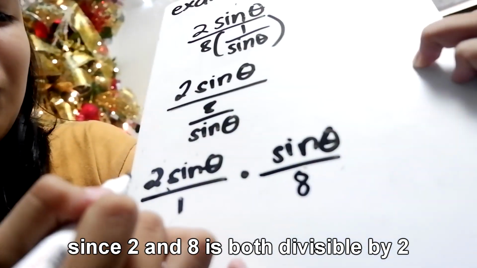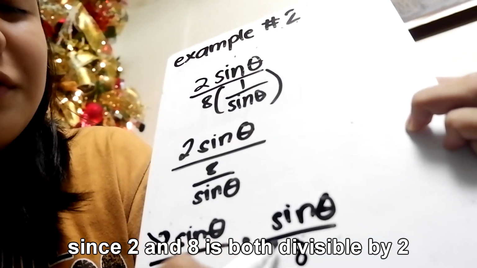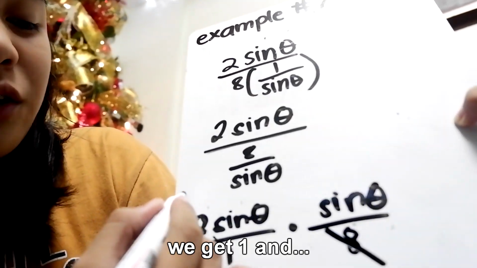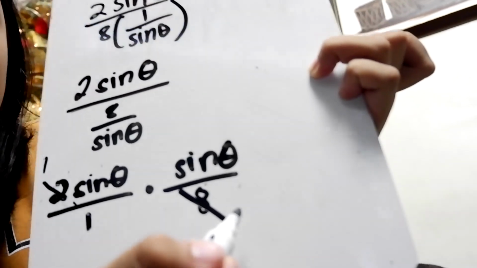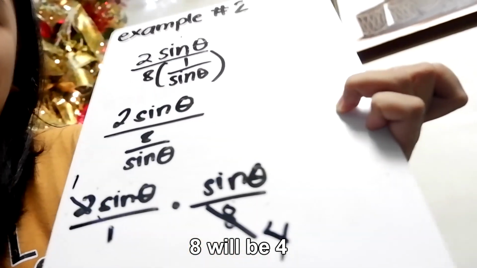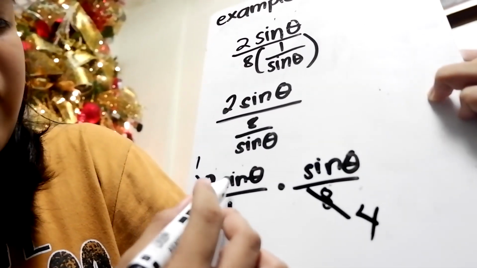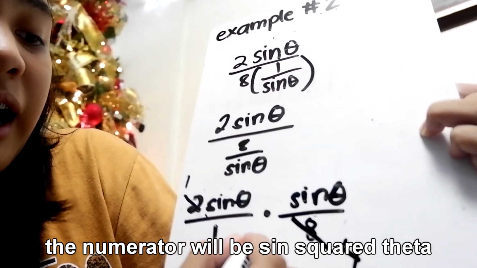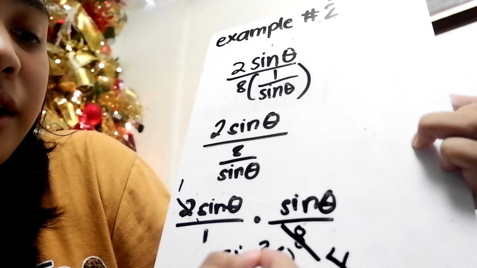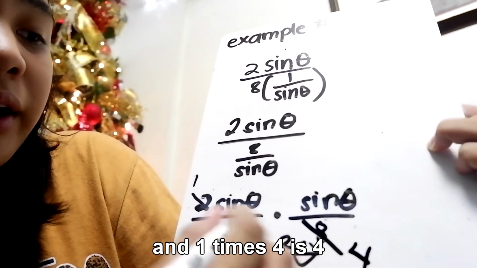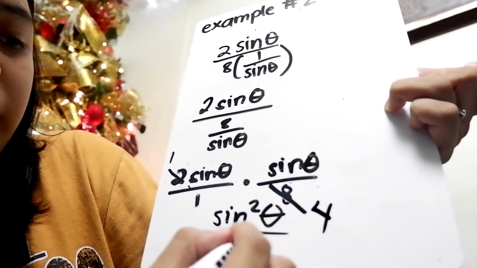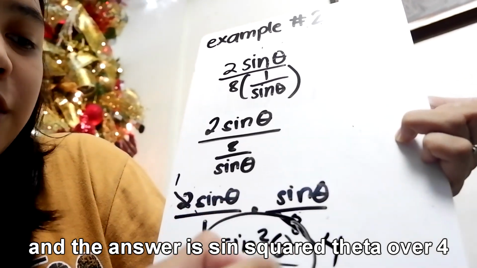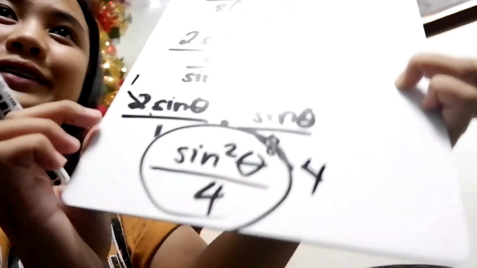Since 2 and 8 are divisible by 2, we get 1 and 8 becomes 4. The numerator will be sine squared theta, and 1 times 4 is 4. And the answer is sine squared theta over 4.